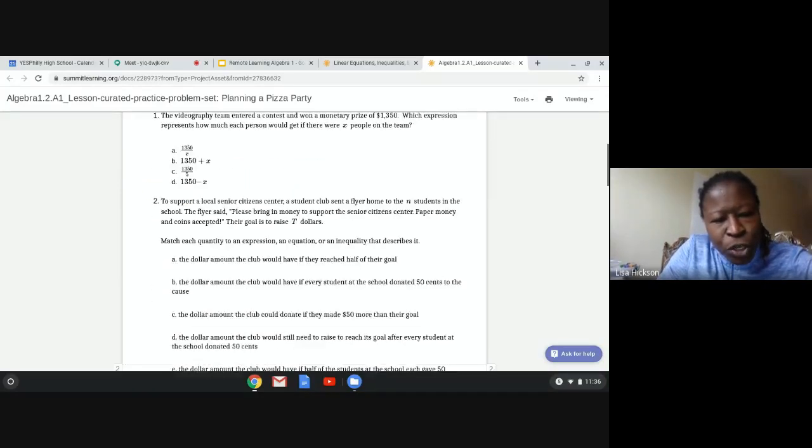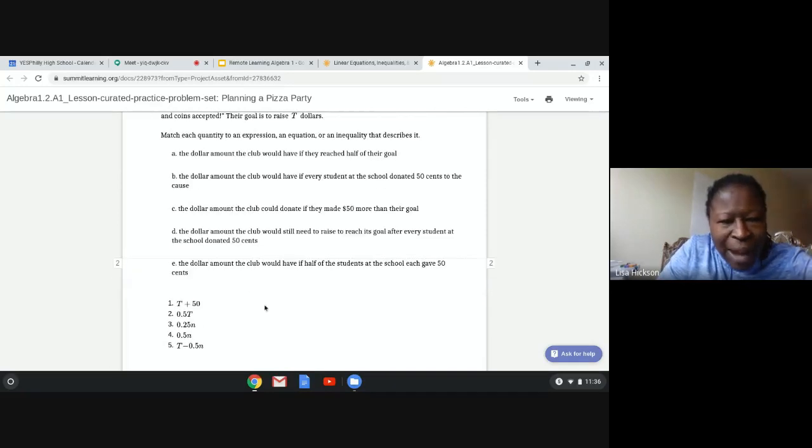But for number 2, you are going to write either or. You can write the numbers next to the letter. So if you think this is 5 and this is 2 and this is 3, you can do that. Or you can put the letters down here. So this is B, this is E. Either or. But when I look at it, I mark it either complete or incomplete.